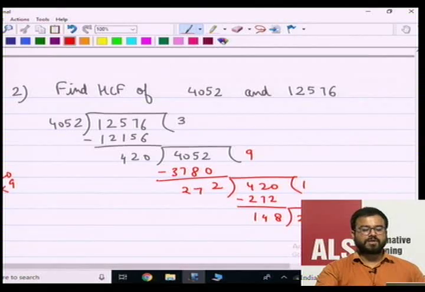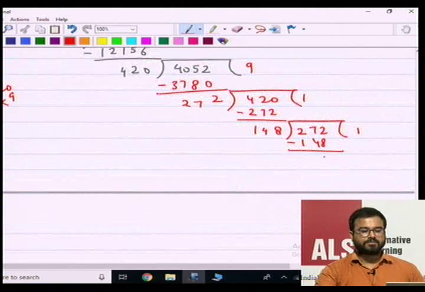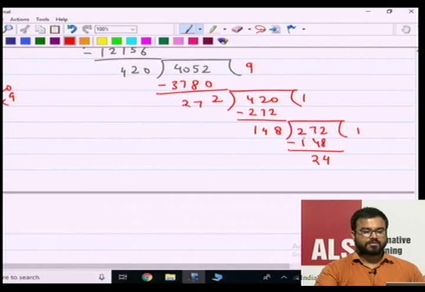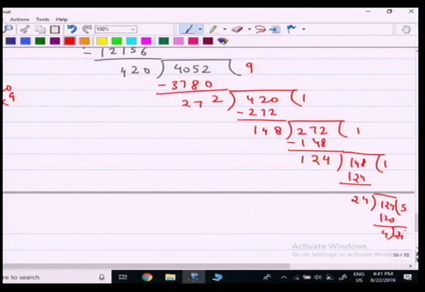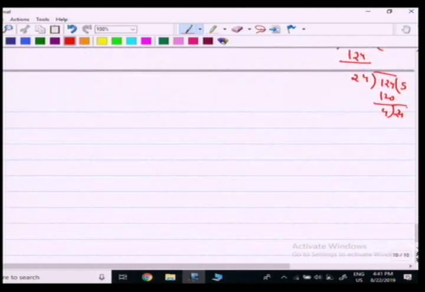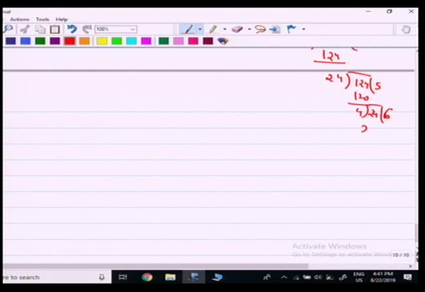So now 148 into 2 we cannot do, it will go 148 into 1, that will be 148, and the remainder will be 124, and now 124 will be the divisor and 148 will be the dividend. 124 1 times, which is 124, so 24 will be the remainder, and then 124 divided by 24 is 5 times, and finally we will get 24 into 4 into 24, which is 6 times. So 4 sixes are 24, remainder is 0.